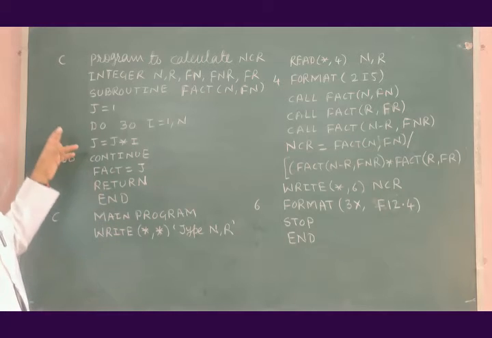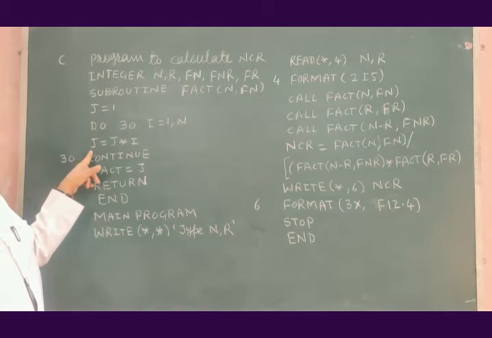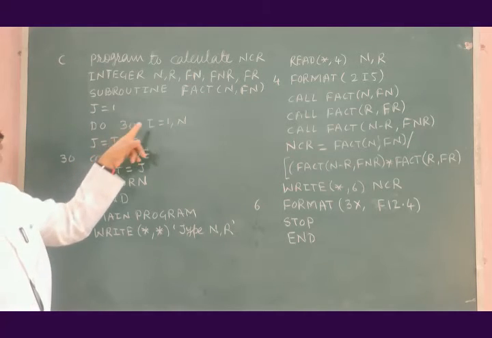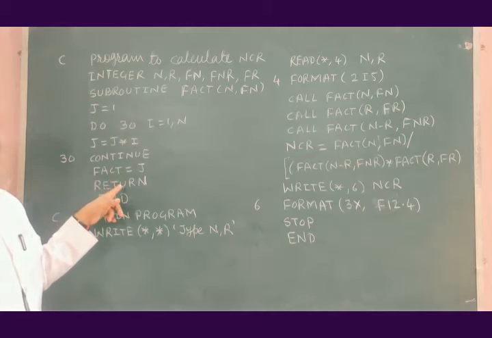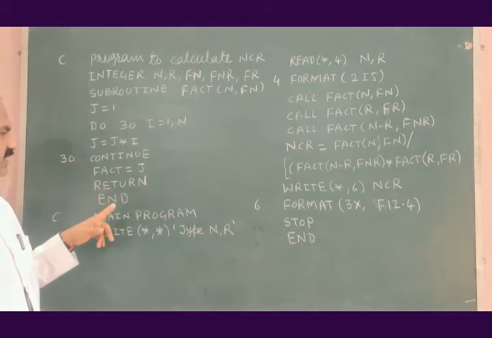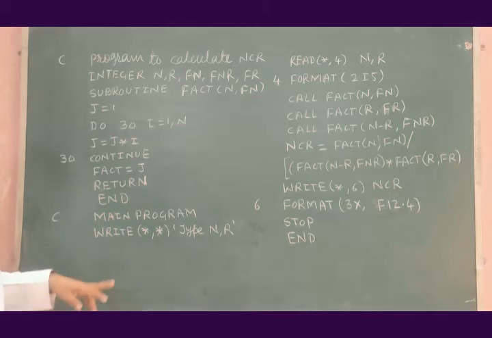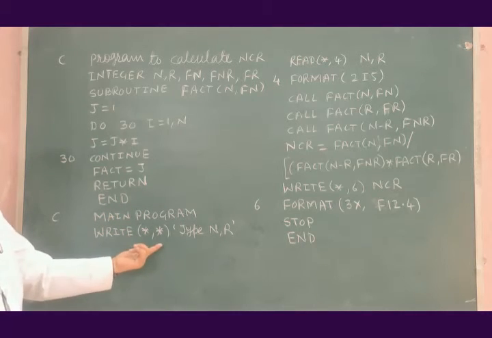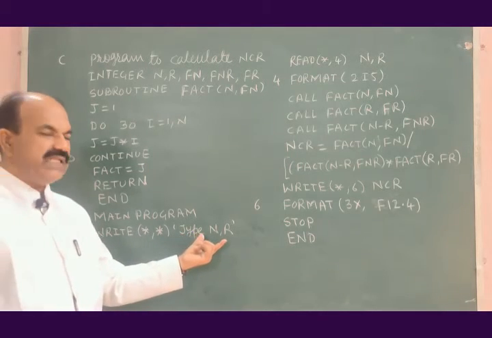When I exceeds n, the control will leave the loop and will assign value of j, which is factorial of n, to fact, the subroutine fact. Return, end. Main program. Write asterisk comma asterisk, it is the comment statement. Type n and r.